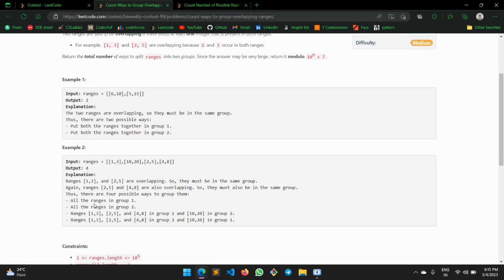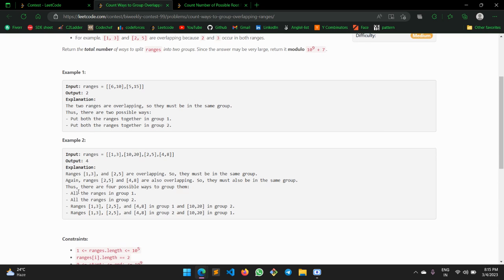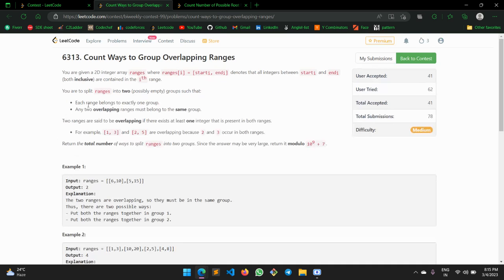So they must be in the same group as well. So there are at least two ways, and based on the possibilities, we can either move them to the left or to the right. What were the conditions?